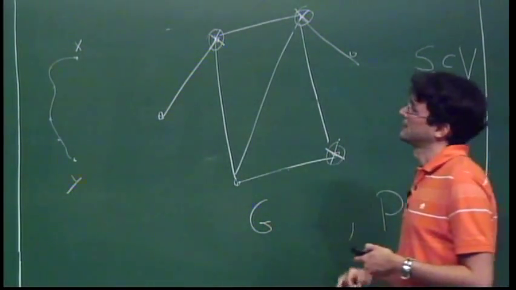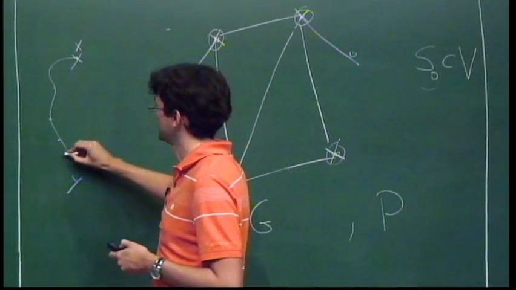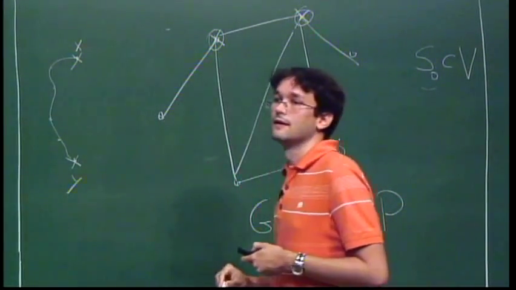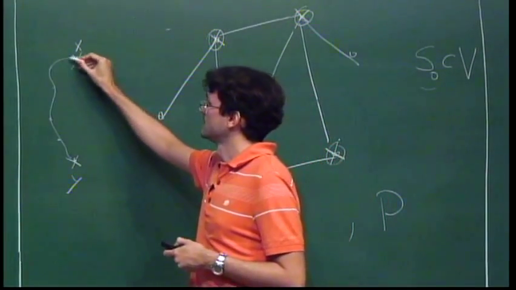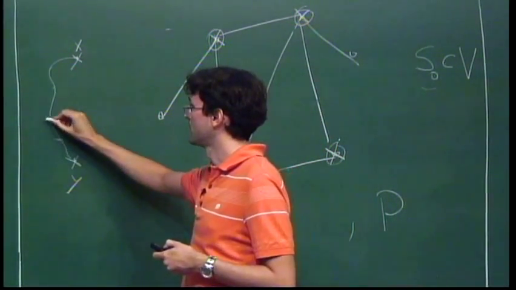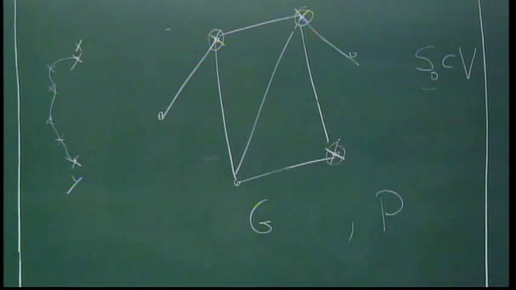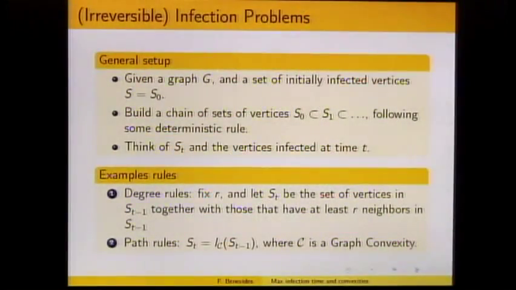And then I say, okay, how does the infection spread? If this guy is infected and this guy is infected, and you have some path in your family that starts and finishes here, then at the next step, everyone in your path will get infected as well.